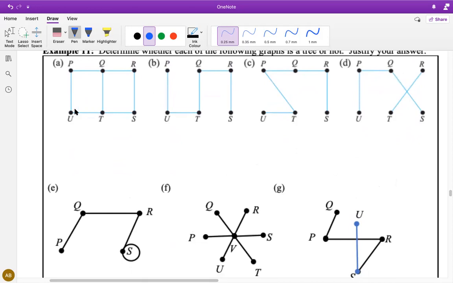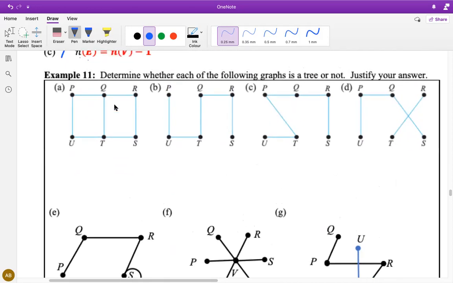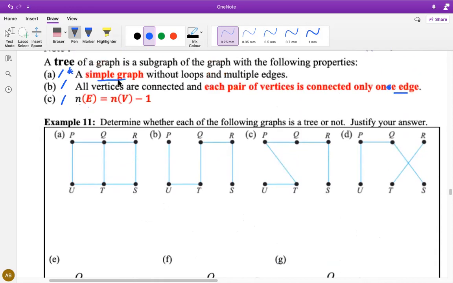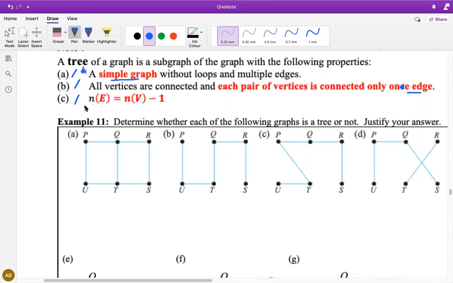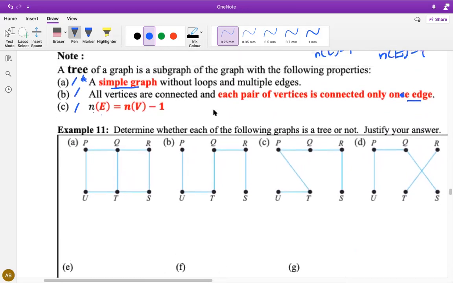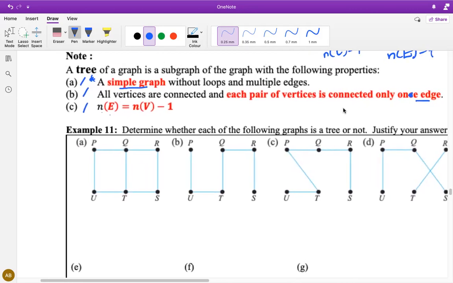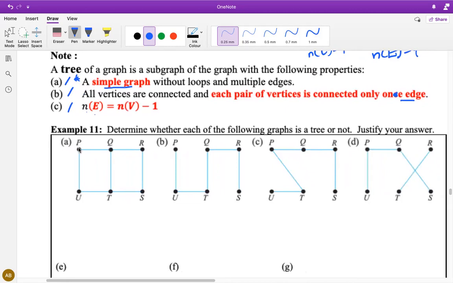So you can see here, A, is it a tree? Okay, so it's very simple. You look at it. Is there a multiple edge or loop or not? This is condition number 2, right? You see condition number 1 first. Okay, so it fulfills condition number 1, and all vertices are connected.